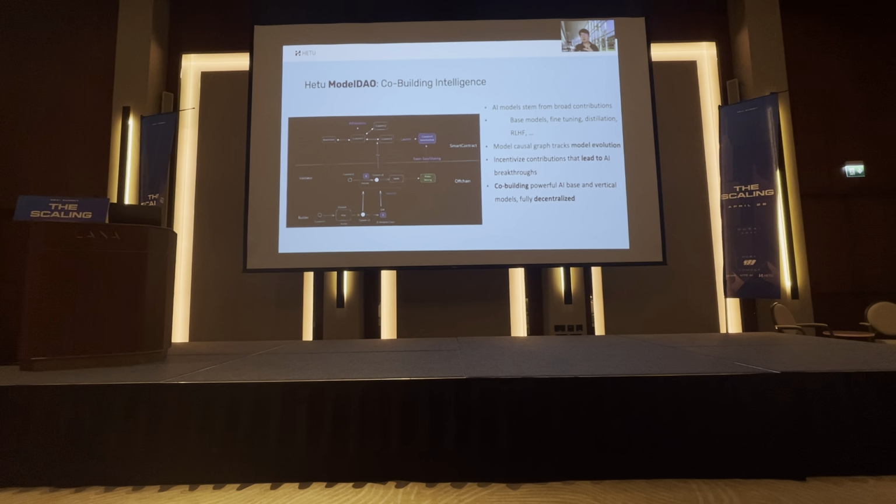Right? So we have used several key infrastructures in our AI science operating system. First is the Hetu model DAO. The goal of this model DAO is to compute powerful AI models. As I already said, AI models stem from a broad set of contributions. For example, from the base models, you can do fine-tuning and distillation and a bunch of other techniques to derive virtual models.